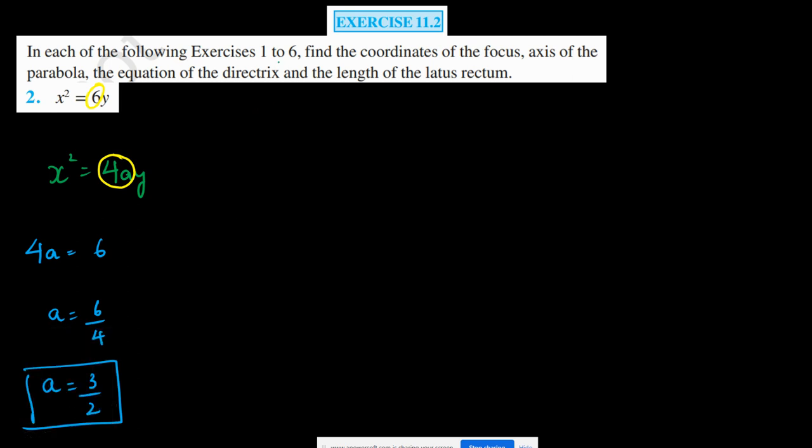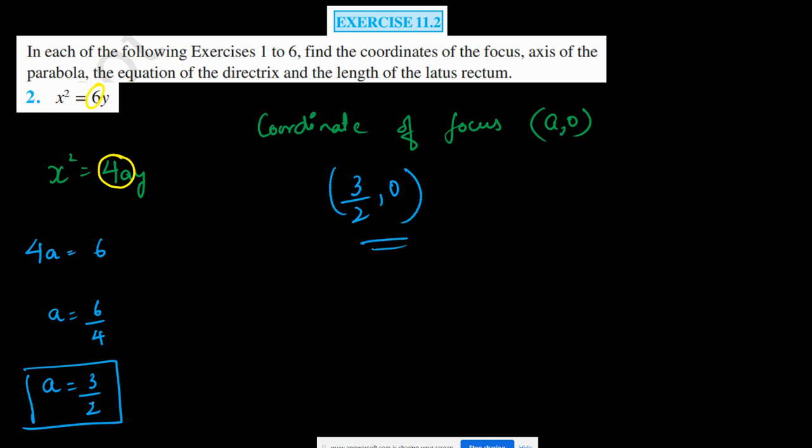Coordinate of focus. The coordinate of focus is 0 comma a. Thus, for this, it is going to be 0 comma 3 over 2.